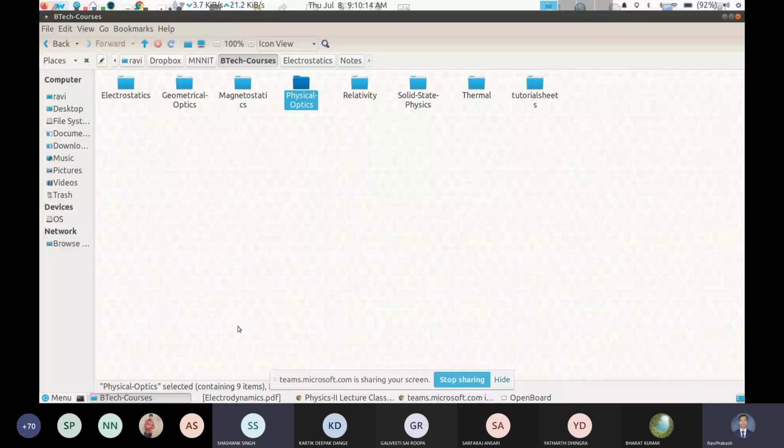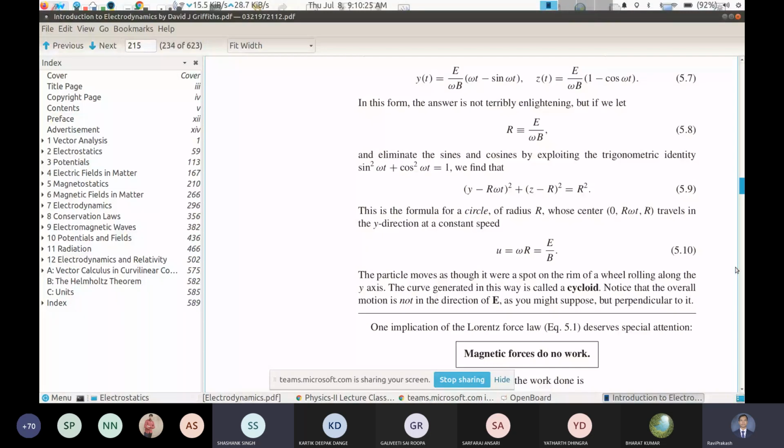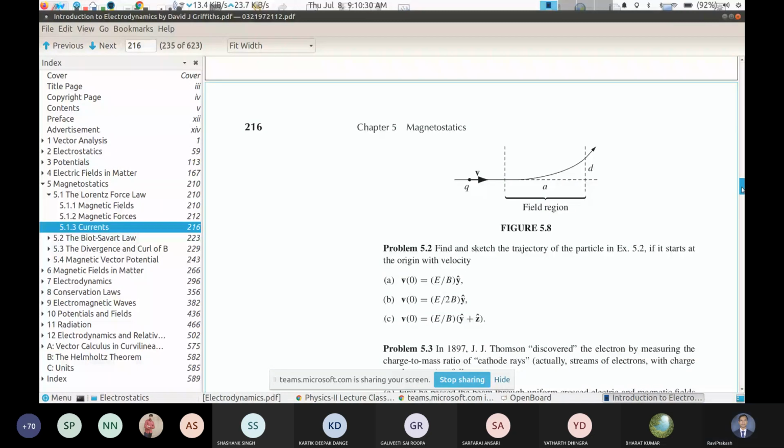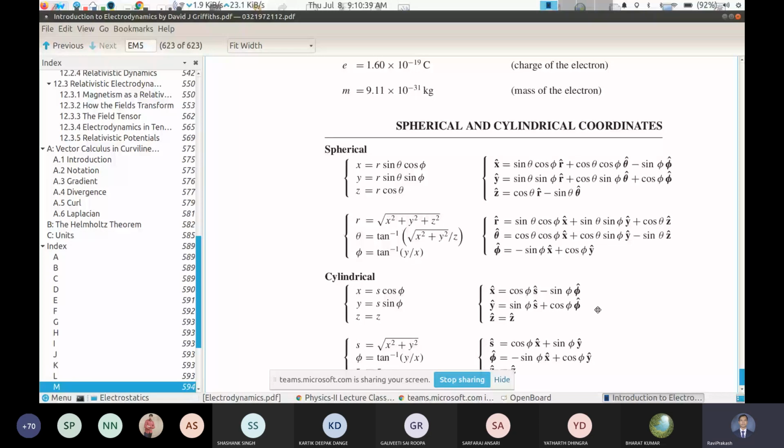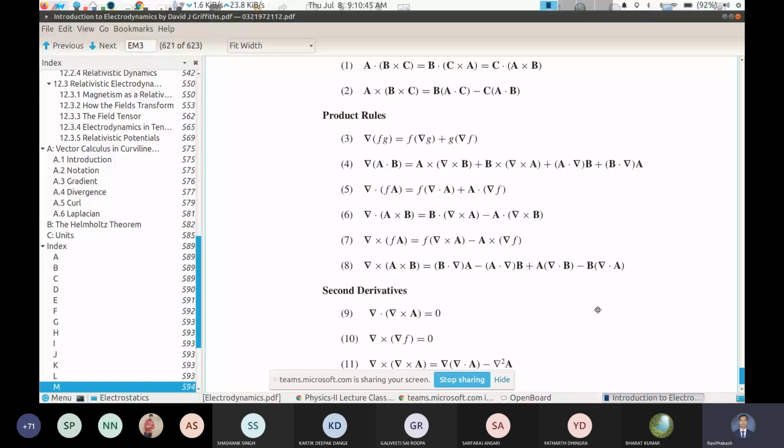No, but del is an operator, so it looks like a product, but the scalar product is this. So it is del dot A cross B, right? This one: B dot del cross A minus A dot del cross B. So the last quantity appears first.